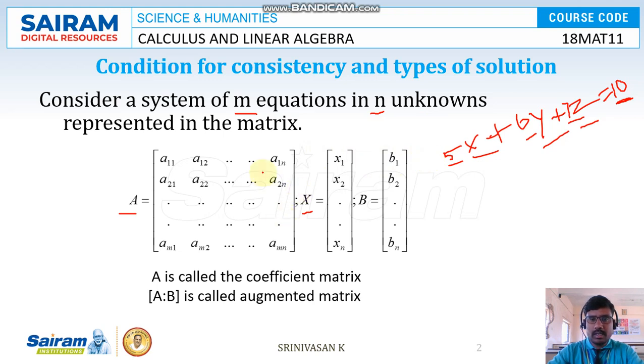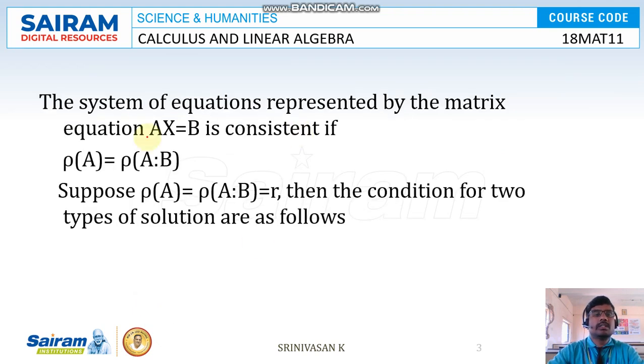This is the equation represented by the matrix. Here A is called the coefficient matrix and AB is called the augmented matrix. Clear? So the system of equations is represented by the matrix equation Ax equal to B.